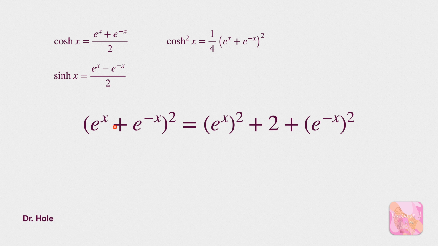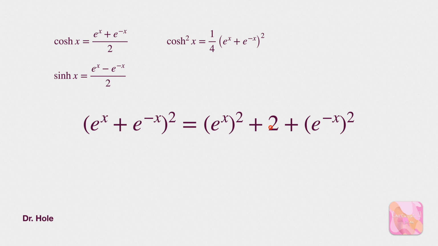So we have a binomial multiplying with itself. E to the x is going to meet up with e to the x. E to the negative x will meet up with e to the negative x. And then the mixed term is going to be e to the x times e to the negative x, but that's the reciprocal of e to the x. So something times its reciprocal, you get back 1.